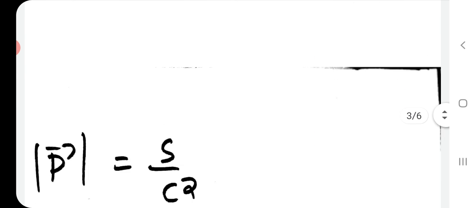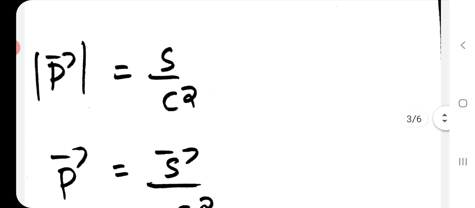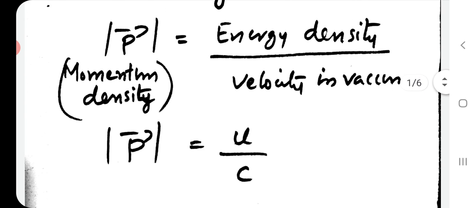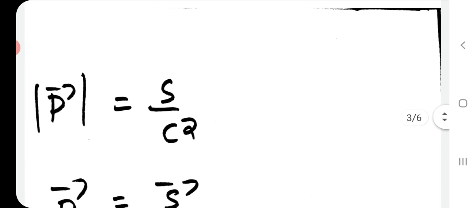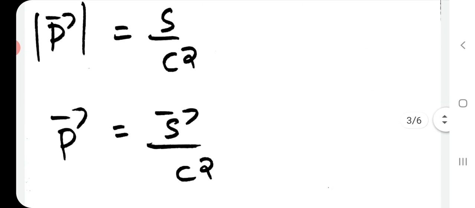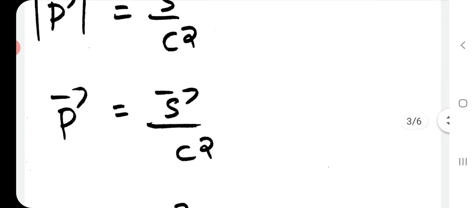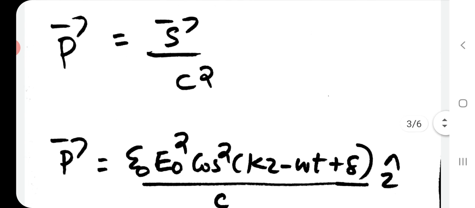So using this, we calculate the momentum density. Momentum density is now equal to S by c square, because U is S by c. So if I substitute here for U, I will get P as equal to S by c square. In vector form, it will be equal to the Poynting vector S by c square.